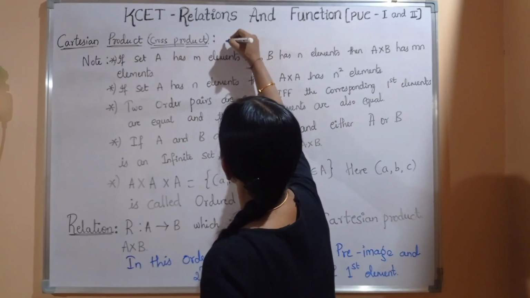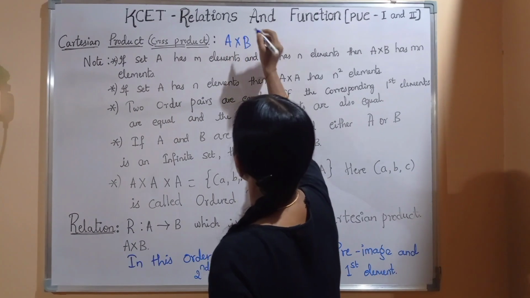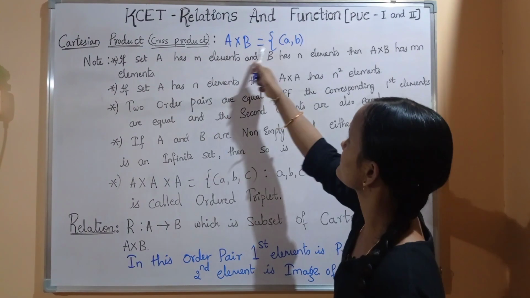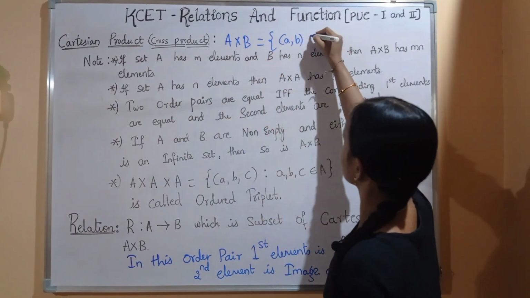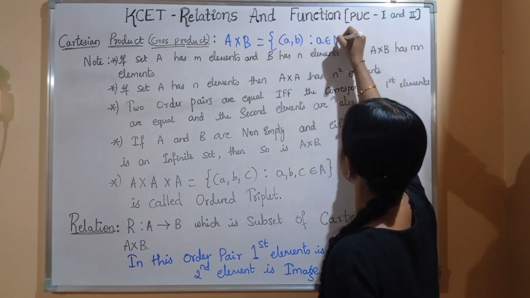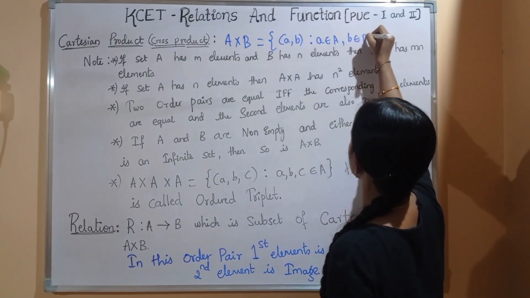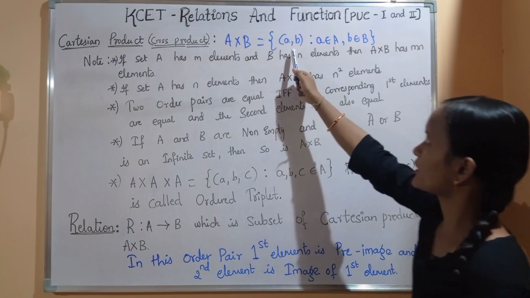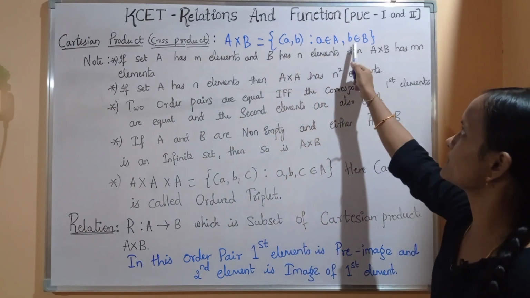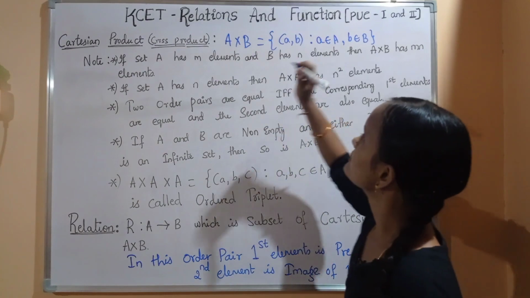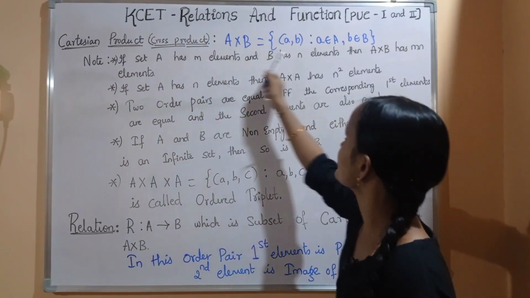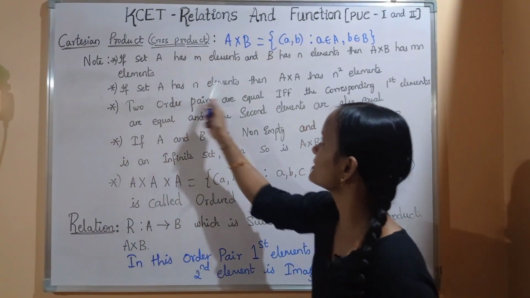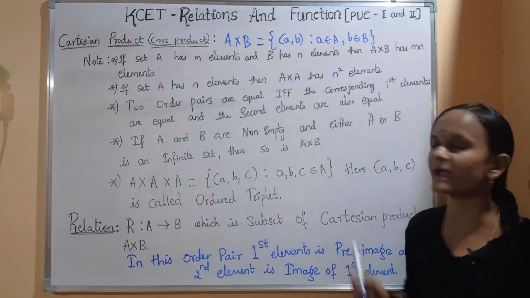Here, if we consider any non-empty sets A and B, we denote it as A cross B, or we read it as Cartesian product of A and B, is equal to the ordered pair (a, b) such that a belongs to set A and b belongs to set B. A cross B is equal to ordered pair (a, b) such that a belongs to A and b belongs to B, where if set A has m elements and set B has n elements, then A cross B has m into n elements.